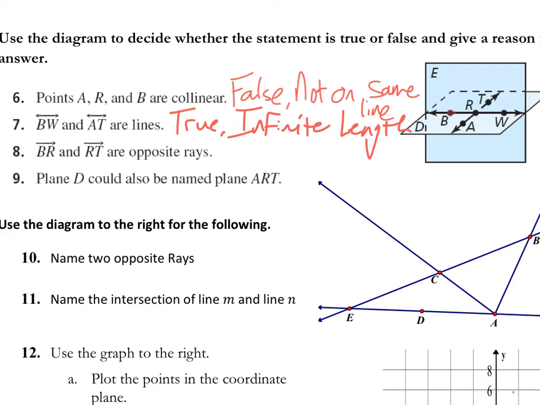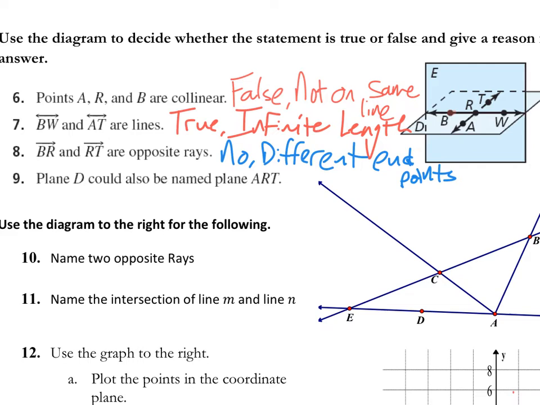BR starts here and goes through R. RT starts at R and goes to T. So these rays do touch, but they're not opposite because they're not going in separate directions, all right? So no, and they don't have the same endpoint, so that's kind of the main thing. Once you know they have different endpoints, there's no way they can be opposite rays.